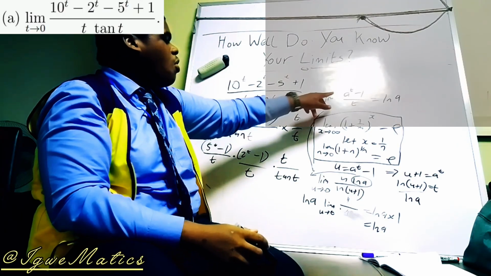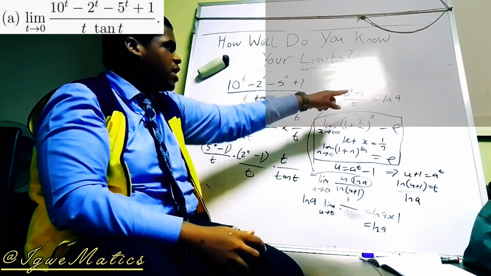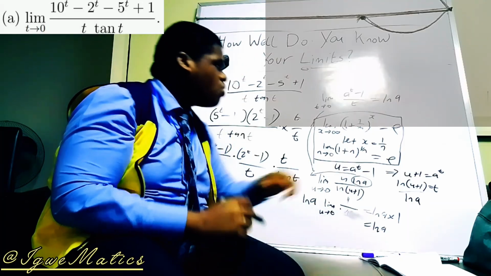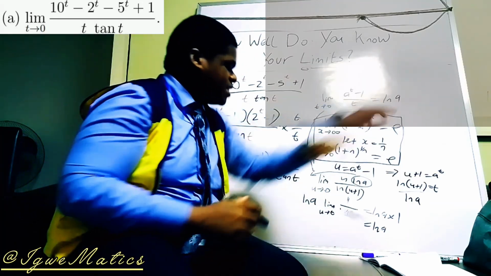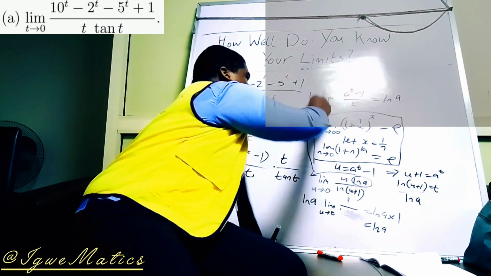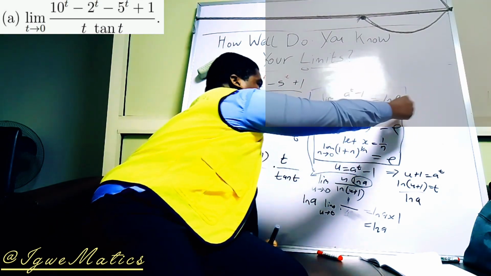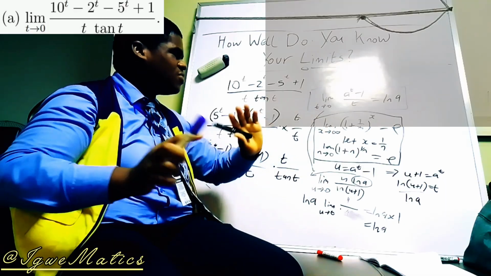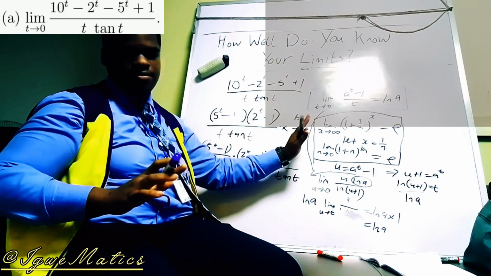So the limit of a to the power of t minus 1 divided by t as t tends to 0 is equal to the natural log of a. I've written that down here. I'm going to put a blue box around that because we will still use it later on in our solutions. This is our standard limit.